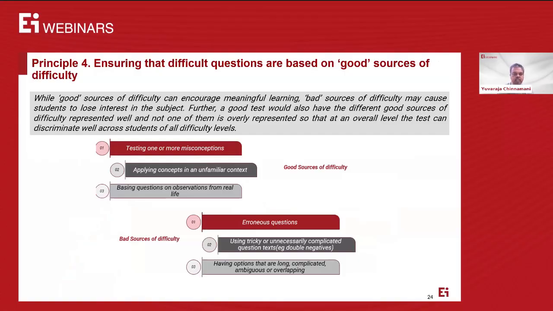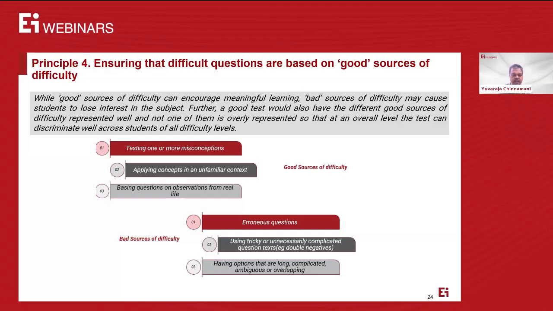Now, this brings us to principle 4, ensuring that difficult questions are based on good sources of difficulty. Good sources of difficulty include multi-step reasoning, unfamiliar contexts, or requiring students to synthesize multiple concepts.